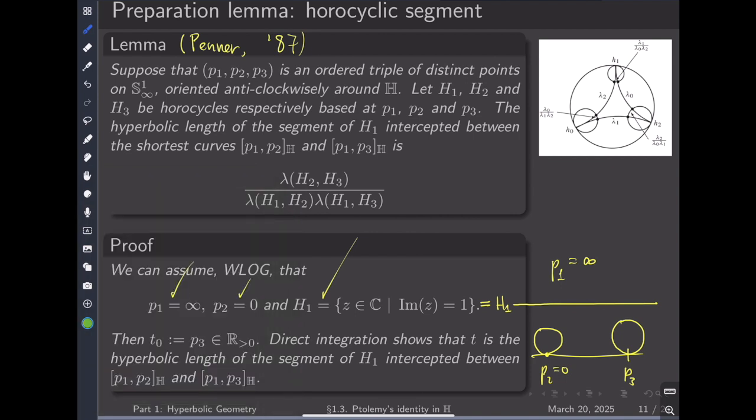Here you have the vertical one, here you also have the vertical one, and the third one, the non-vertical green one, could cross the horizontal horocycle, no problem. This one could as well cross this one, if P3 is very far away.